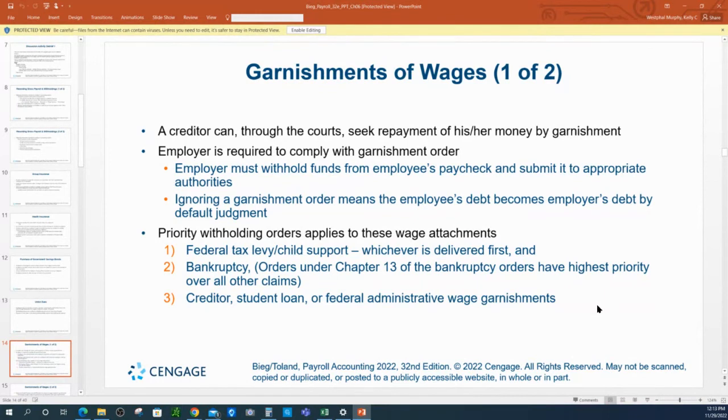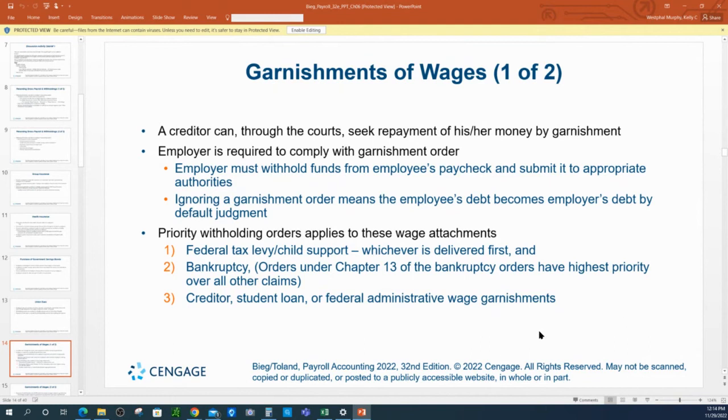Any bankruptcy orders would come in front of any other private claims. Last would be any other creditors, like credit cards, any other loans, auto loans, those types of things, student loans, federal administrative wage garnishments. I'm not quite sure what federal administrative wage garnishments are.